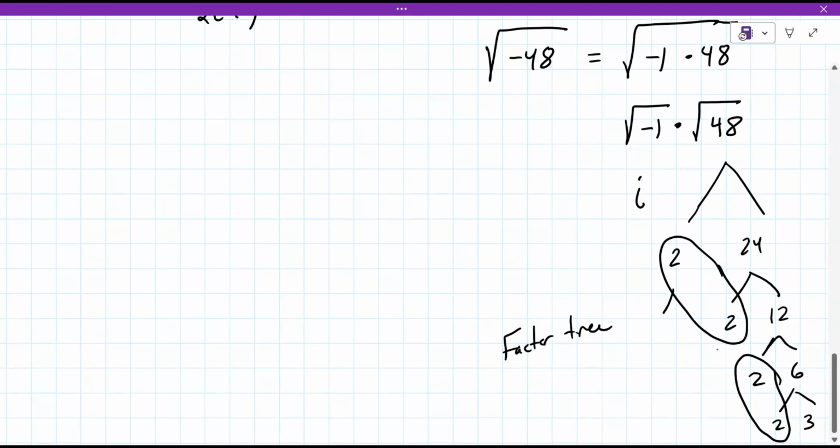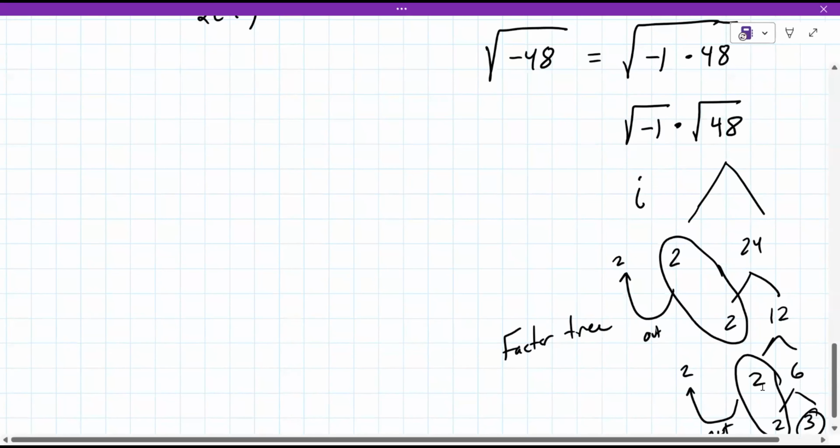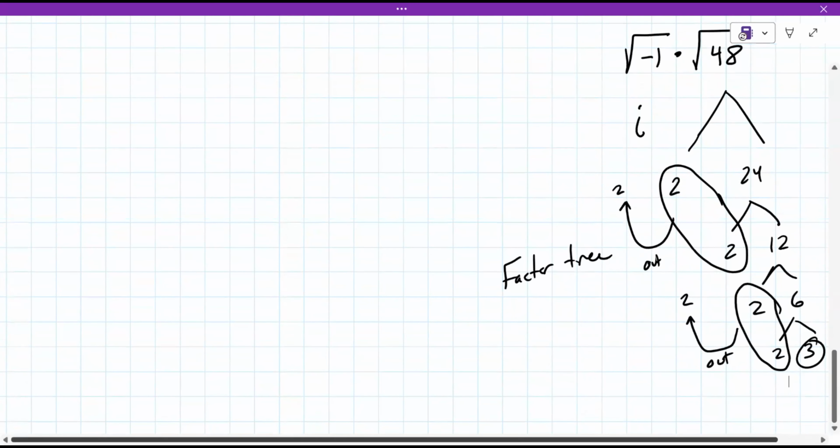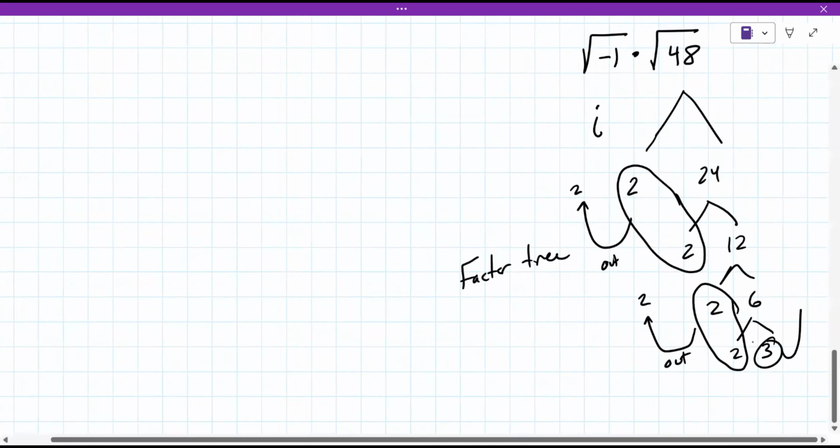Now for each pair, you can bring one out. You can bring a 2 out. You can bring another 2 out. This 3 that's left over has to stay in. There's nothing to pair it with, so it stays in. So your answer has a part that's outside the root, and a part that's inside the root.